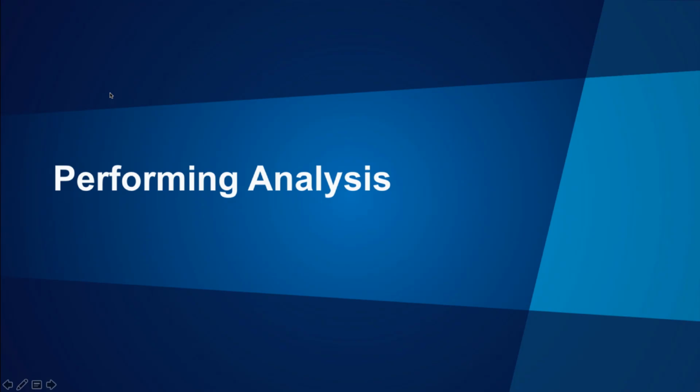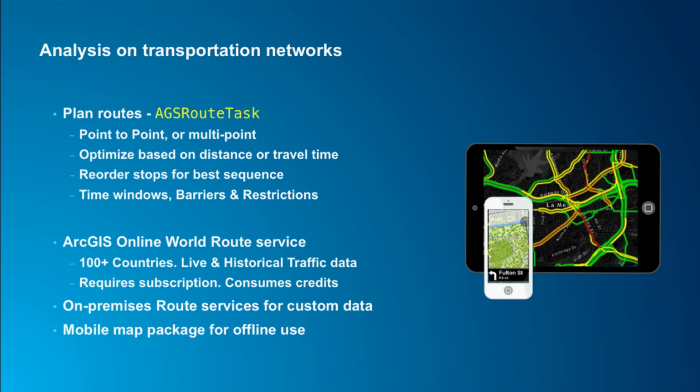Thanks, Suganya. So let's briefly talk about analysis that you can do in your application. One of the most common ones is doing analysis on transportation networks, things like finding routes. Currently, we have a route task available in the SDK, but in the next release of the SDKs, we'll add closest facility and service area tasks to help you find those things as well.